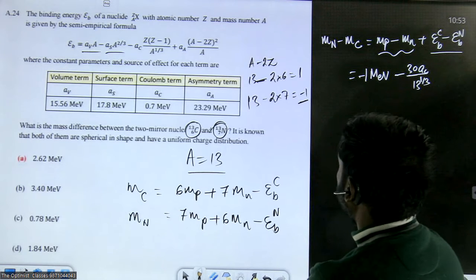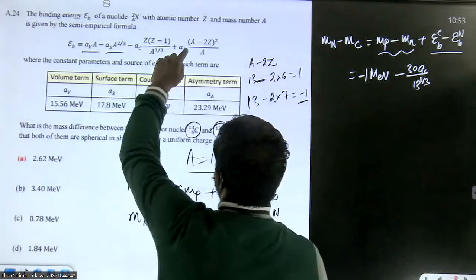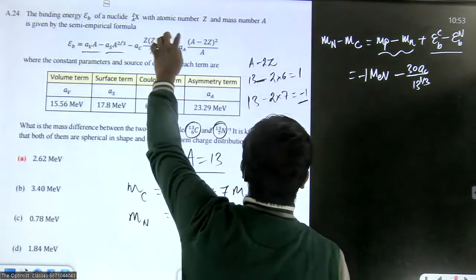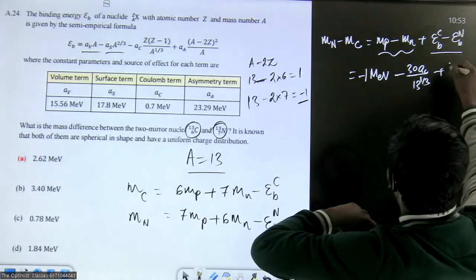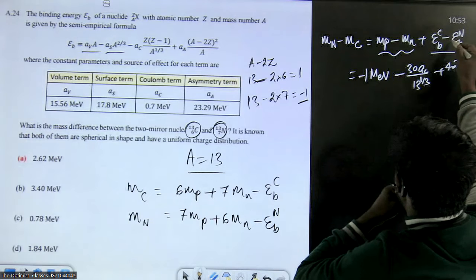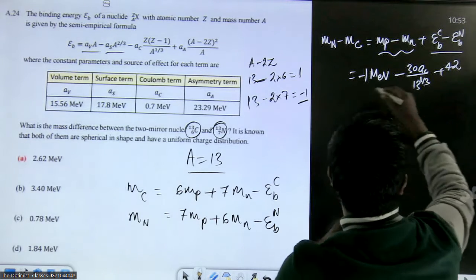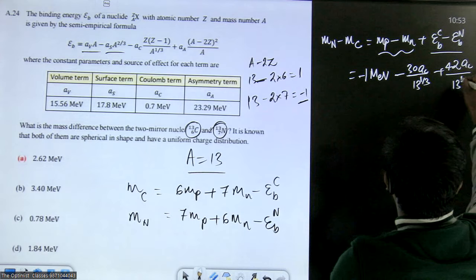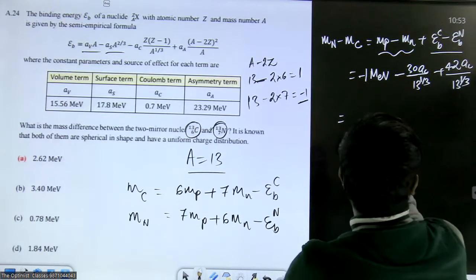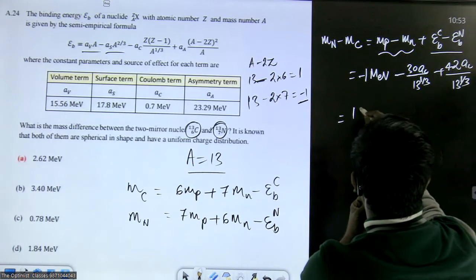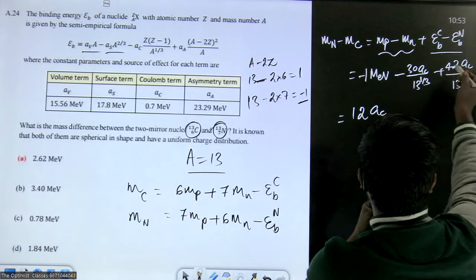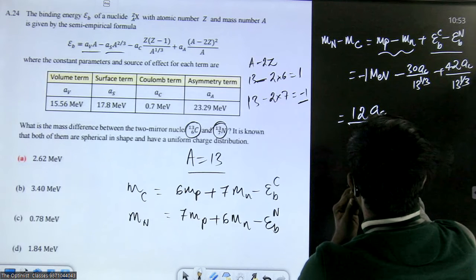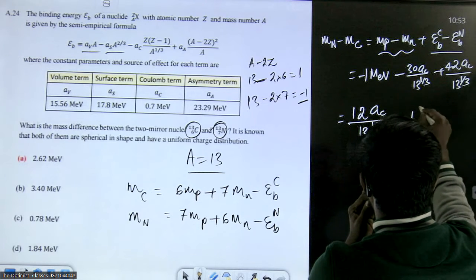For nitrogen we get 7 times 6, 42. So we'll get 42 AC, because negative and negative will become positive, divided by 13 to the power 1 by 3. So basically this is 12 AC. You take the difference, divide by 13 to the power 1 by 3, and minus 1 mega electron volt.